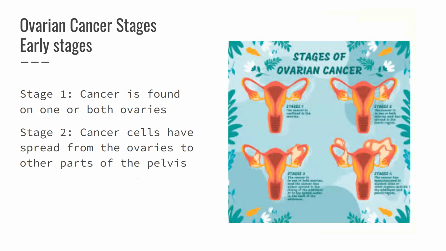Okay. Stage 2 is when the cancer cells have spread from the ovaries to other parts of the pelvis, such as the fallopian tubes or even the uterus. Okay, so these are the first 2 stages that are considered the early stages of ovarian cancer. In this picture on the right side, you can take a look.